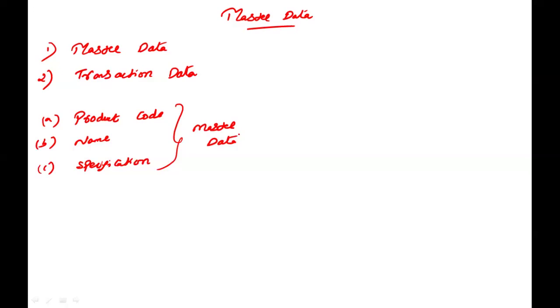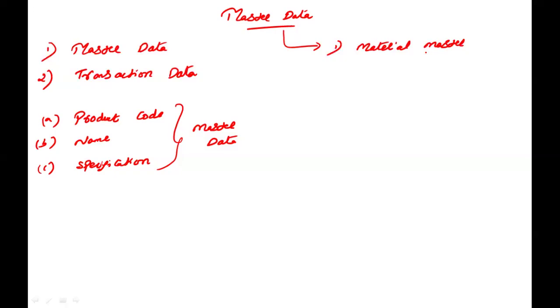In master data, there are multiple types of master data in SAP. The first one is the material master. This is going to be the main topic today. So what is material master? Material master is nothing but a collection of materials.